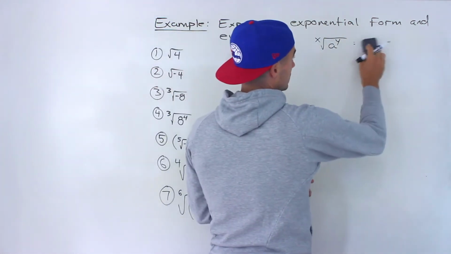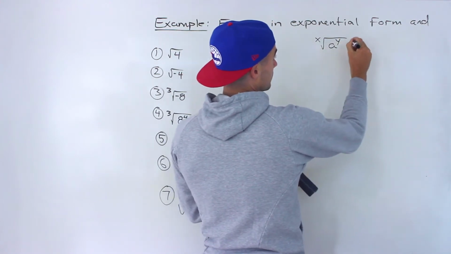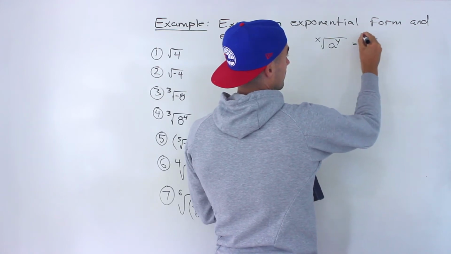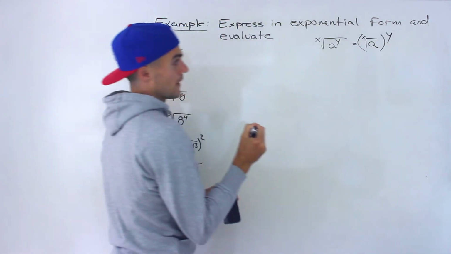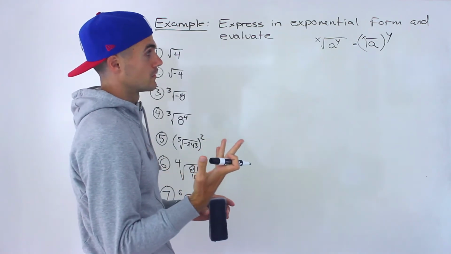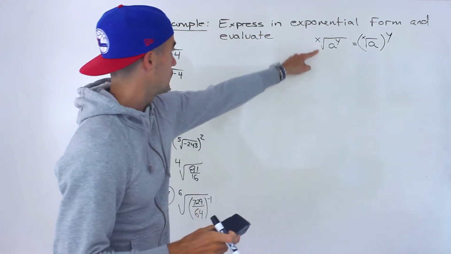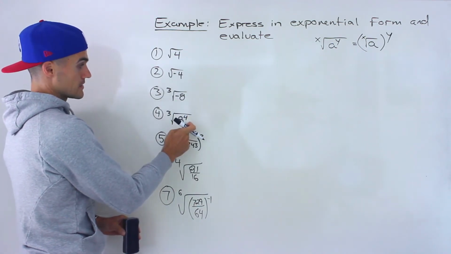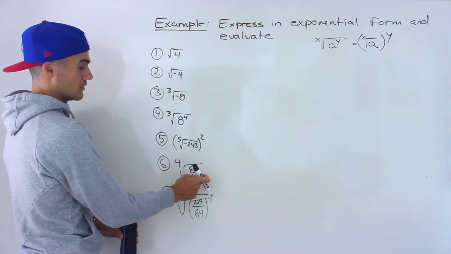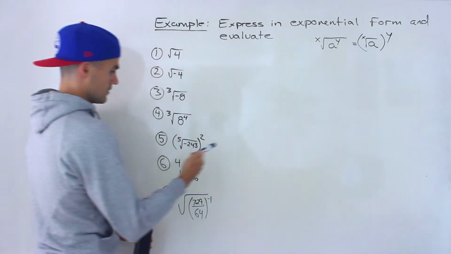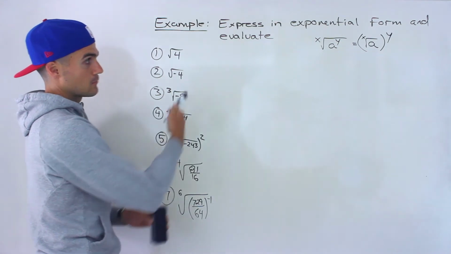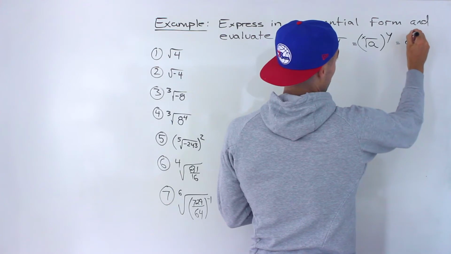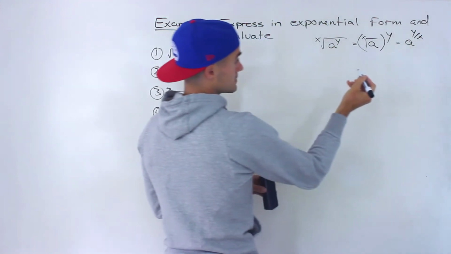And actually this format and this format are the exact same thing, right? For example, this one is in that format, and this one is in that format. Both of these formats basically equal a to the power of y over x.